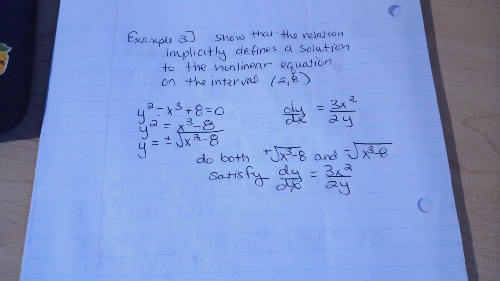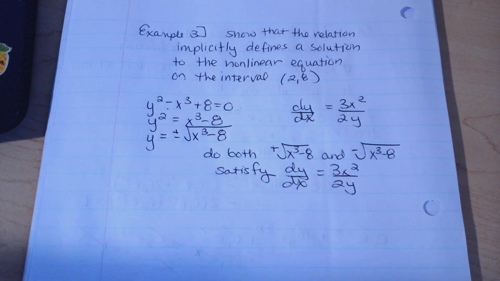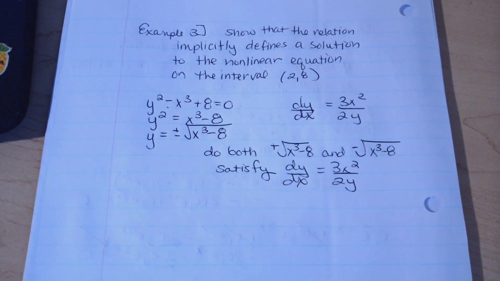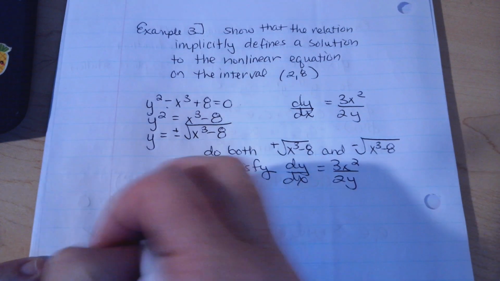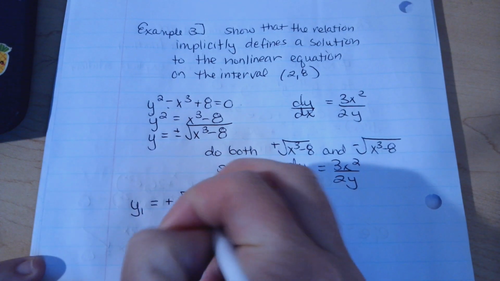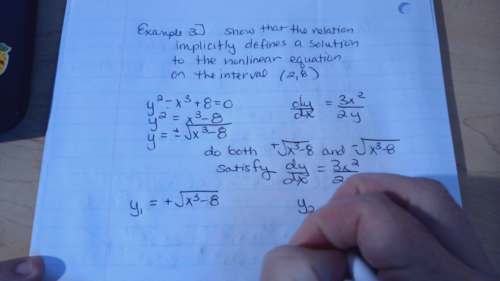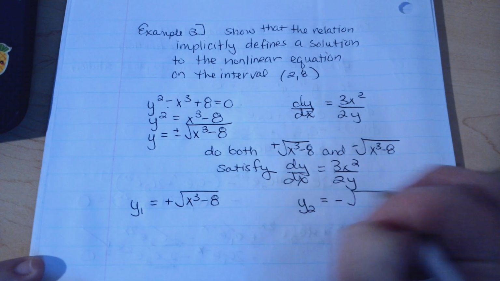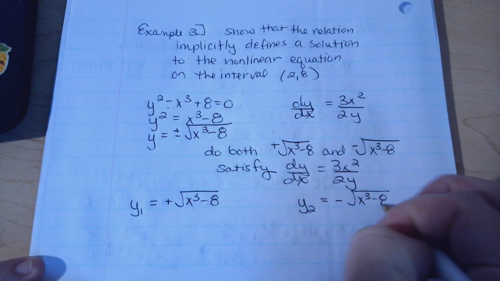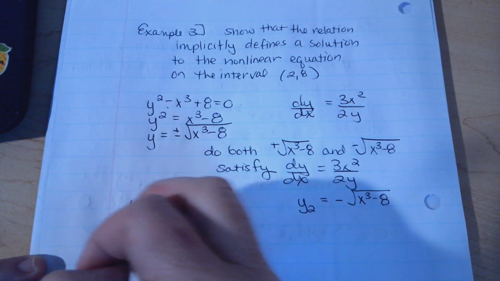So if we were in class, I would pause right now and make you substitute these in. All right? So you should pause and then come back. So let's check y1, and we'll define y1 as positive square root of x to the third minus 8. y2 we'll define as the negative. We're going to need to find their first derivatives.